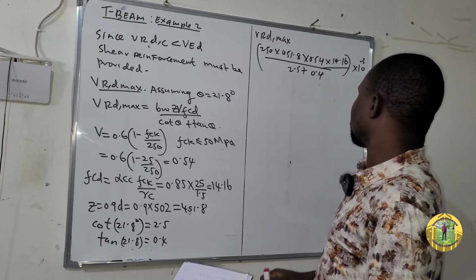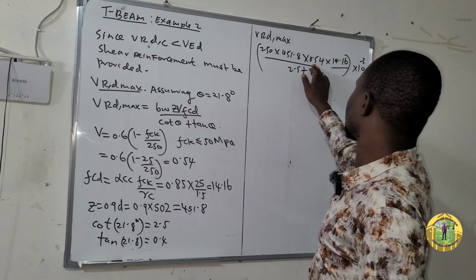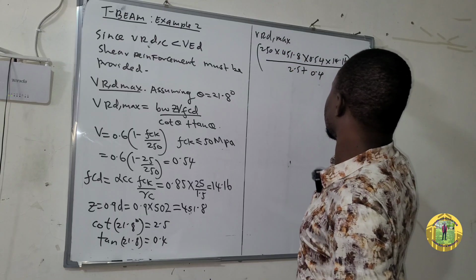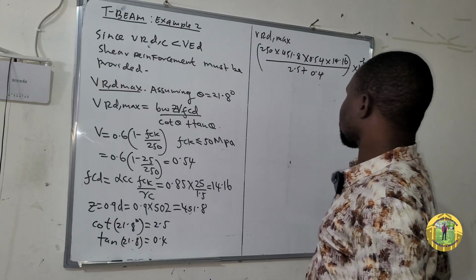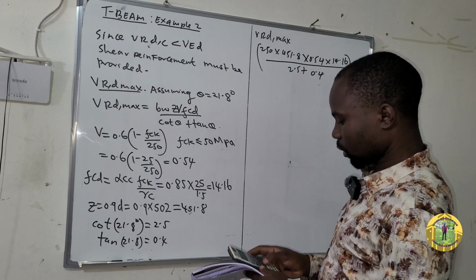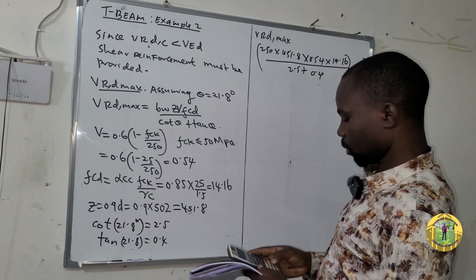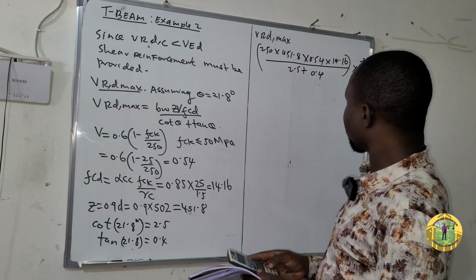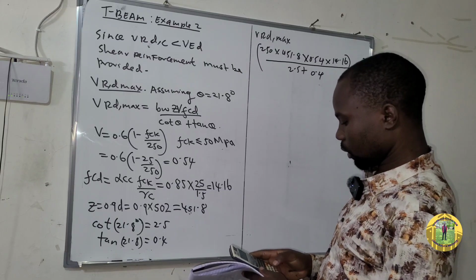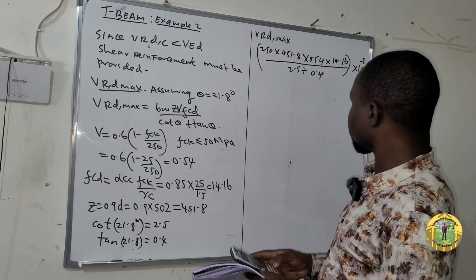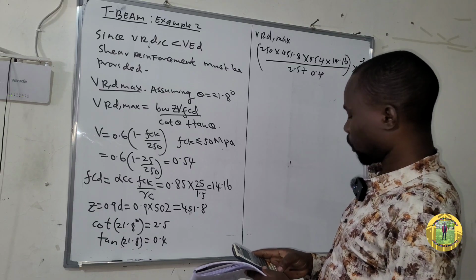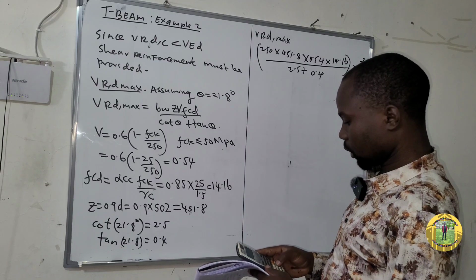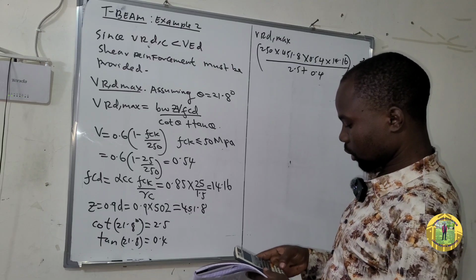So let's carry out the operation. So you have 250 times 451.8 times 0.54 times 14.16 divided by 2.5 plus 0.4, then times 10 to the power of negative 3.